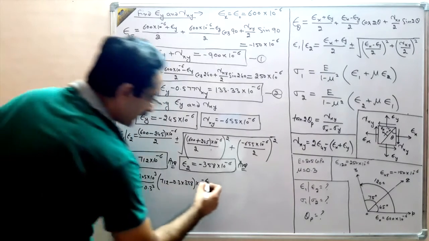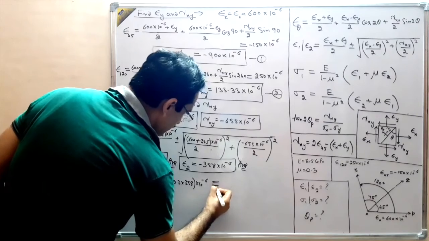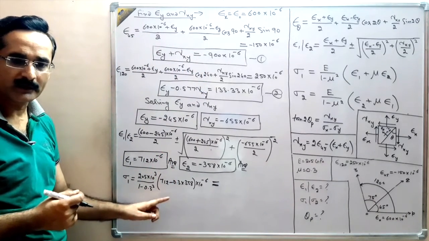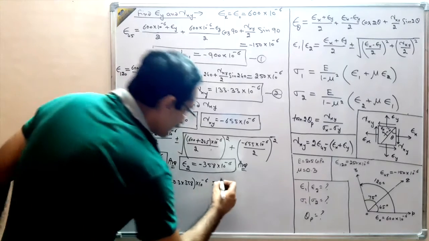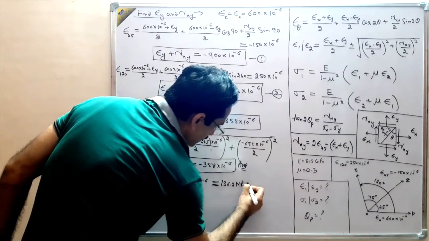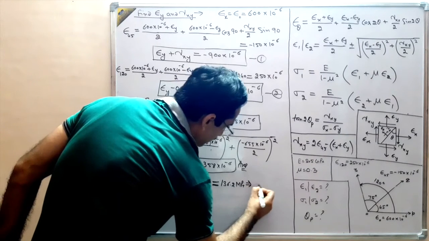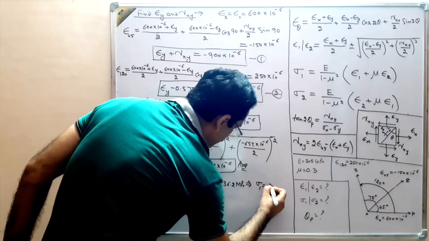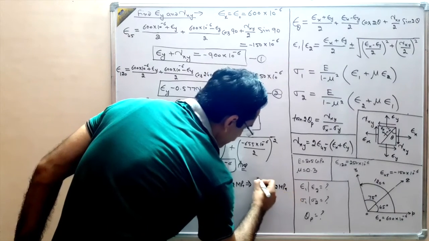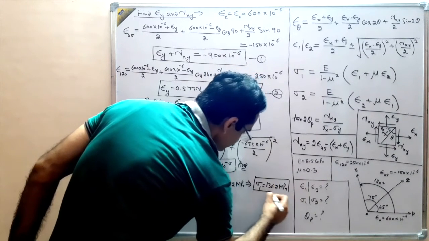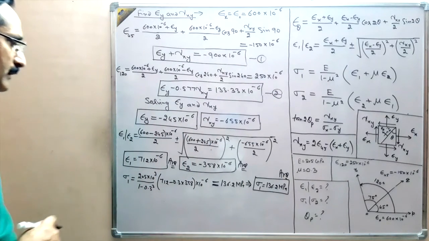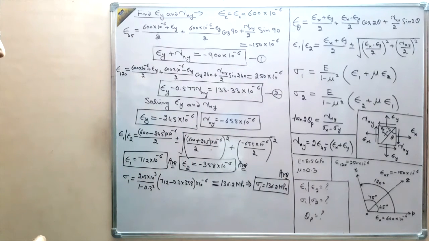So finally you will get sigma 1. When you solve it using a calculator, you will get the value of sigma 1 as 136.2 megapascal. So we have obtained one more answer, 136.2 megapascal. Next is finding sigma 2.